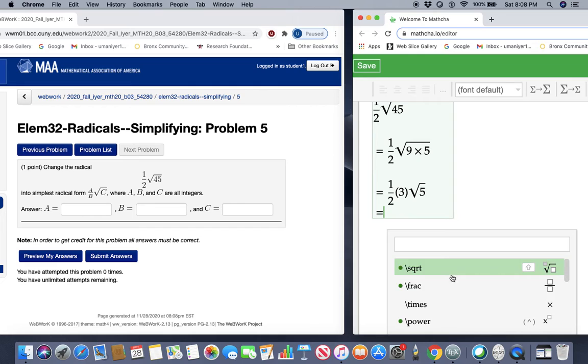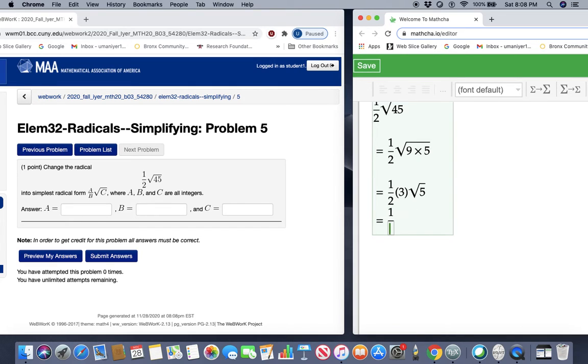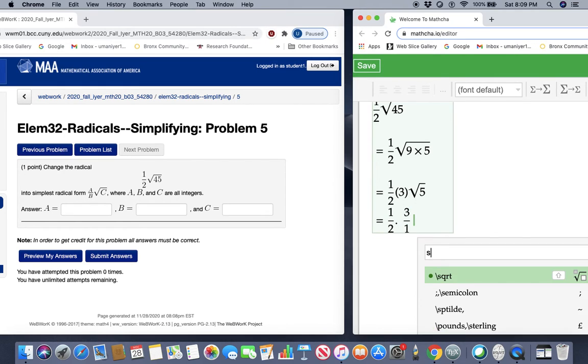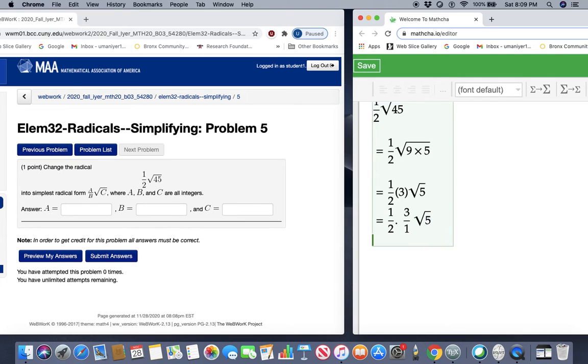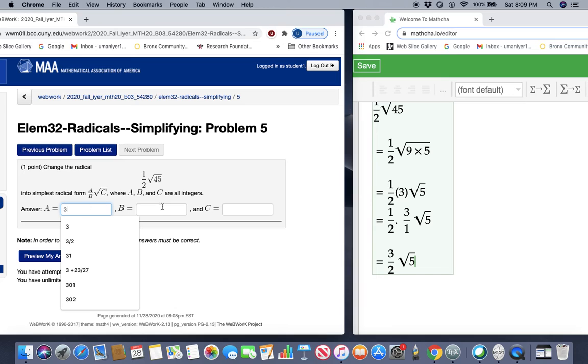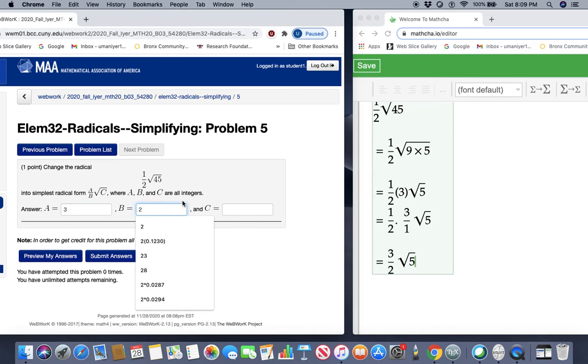So how do I multiply 1 over 2 times 3? I rewrite 3 as a fraction, 3 over 1. And square root 5 continues to be as is. So notice, how do you multiply these fractions? You take numerators, multiply across, and denominators you multiply across, and square root 5 remains square root 5. So 3 over 2 square root 5.